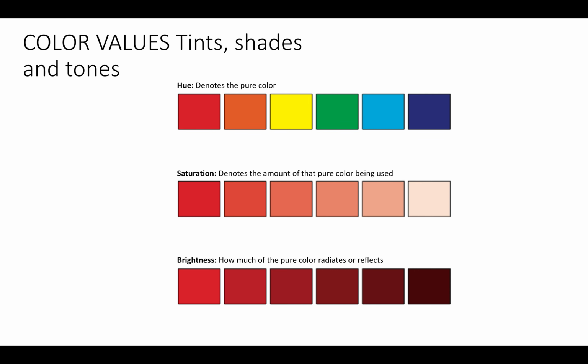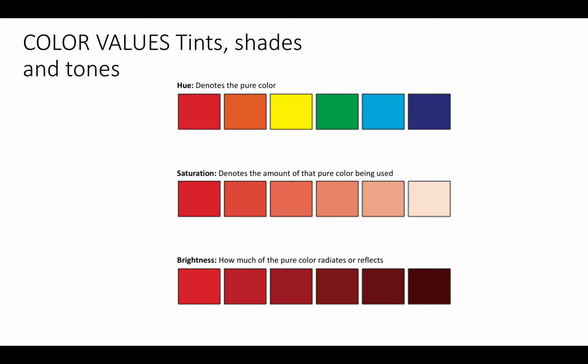And we also have tints, shades, and tones. So when we talk about hue, that is going to be pure color, just another word for pure color. Saturation refers to the amount of light affecting a certain color under a particular condition of light.